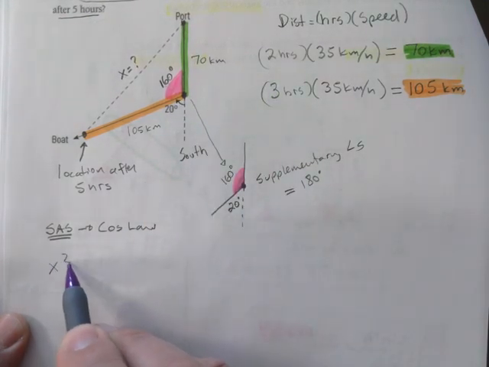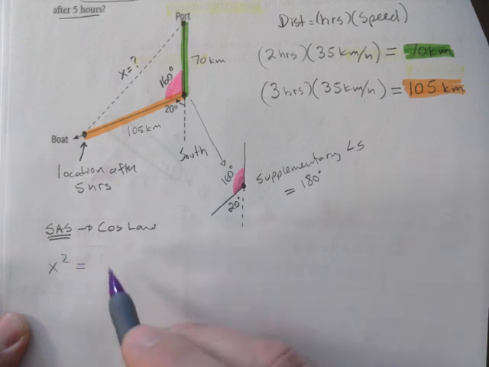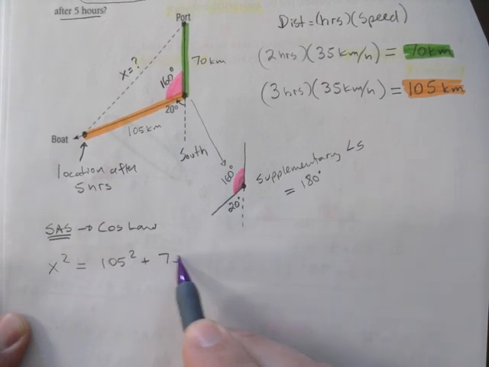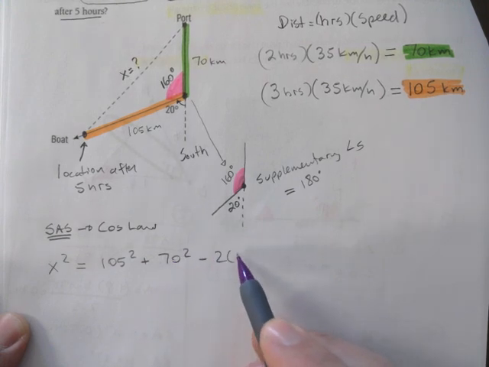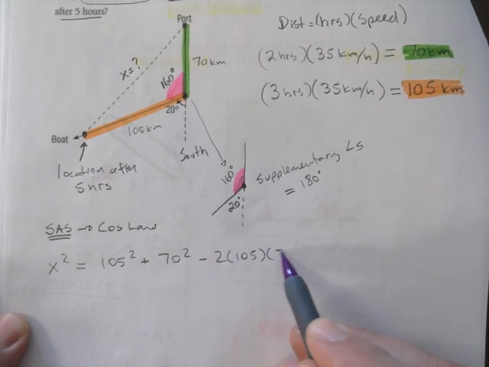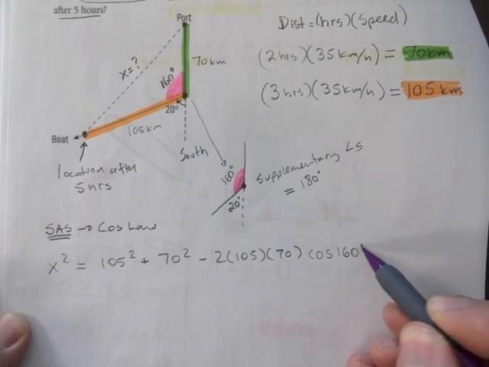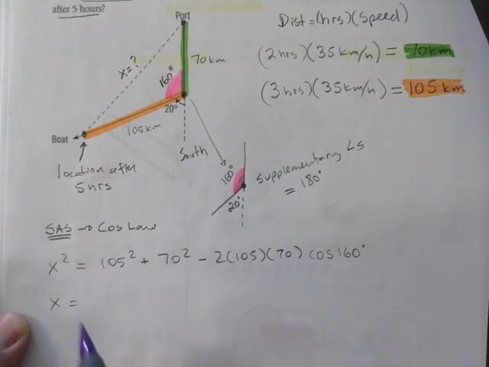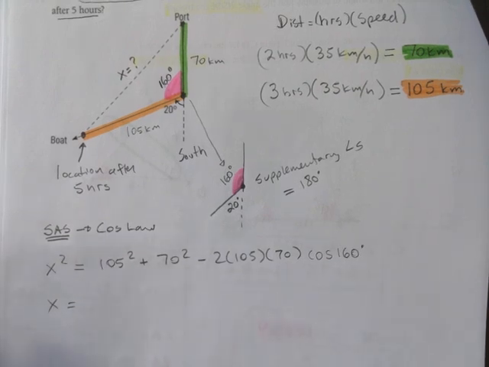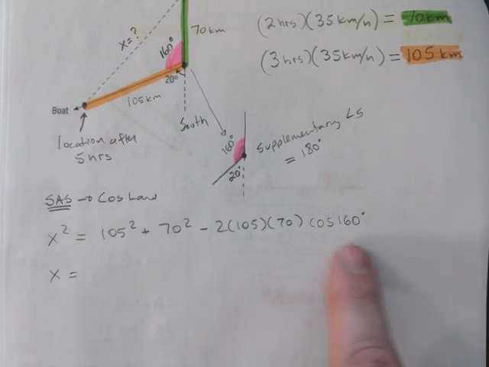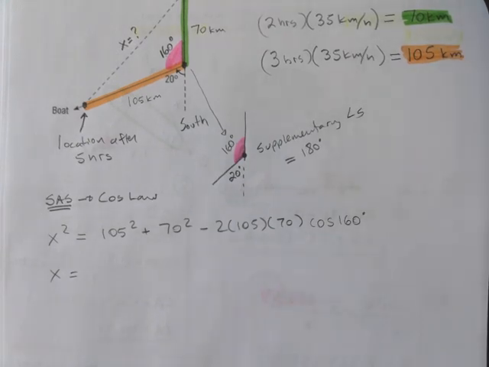It's x squared will be the first side squared plus the second side squared minus 2 times 105 times 70 times cosine of 160. And here, I actually want you to figure this one out. I'm going to give you a couple seconds because there's an issue with cosine of 160 if you do this in steps.